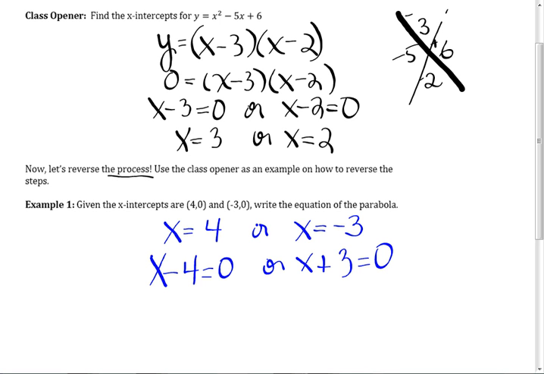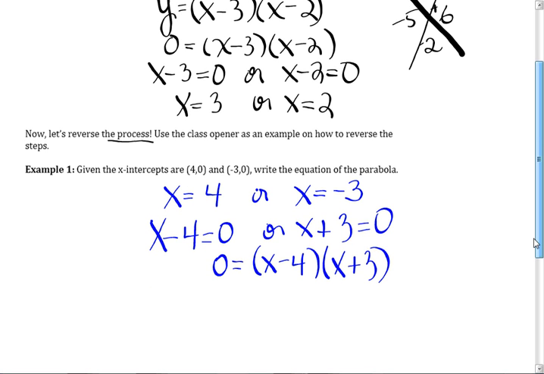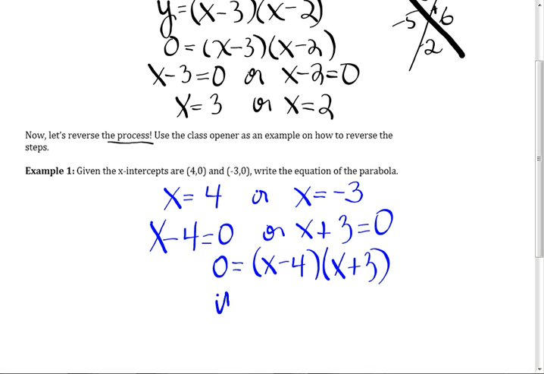So you get this: 0 equals x minus 4 times x plus 3. This is why this works. We could go back to general form if we wanted to, but I didn't ask you to do that. What's the function that has those x-intercepts? It's y equals x minus 4 times x plus 3.